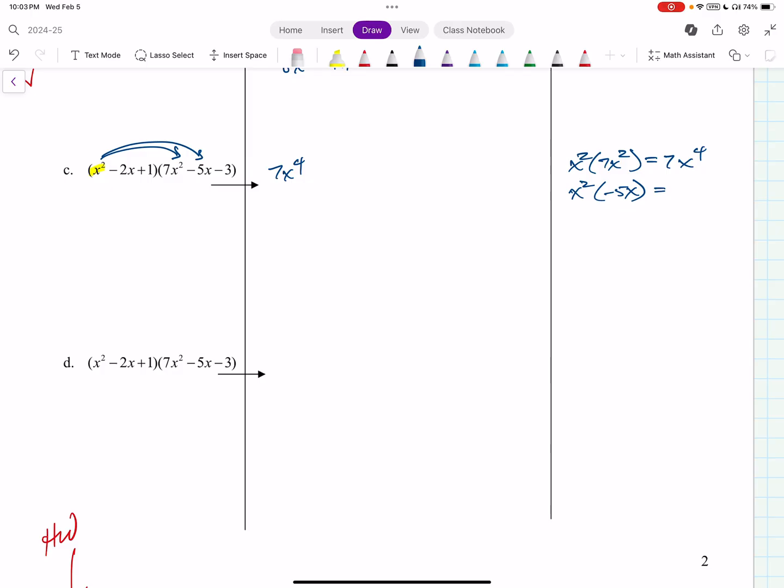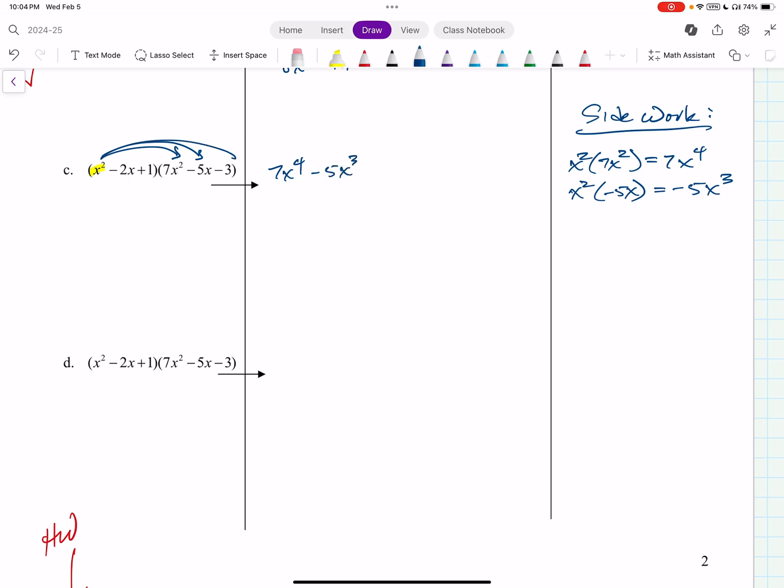And experienced people don't do side work, okay? They just do it. But I'm obviously teaching, and I'm trying to teach good basic skills. So I'm writing it on the right-hand side, this third column, and I'll put my results in the middle. So here, x times x squared gives you x cubed. So I get a negative 5x cubed here. So minus 5x cubed.